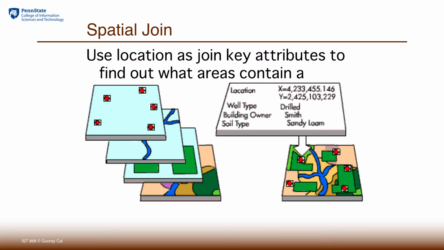Because if you want to know what is inside between the point and polygon, you can do a spatial join and find out which of the areal features contain the point feature. And that will allow you to tell whether a feature is inside an area of interest to you or not.